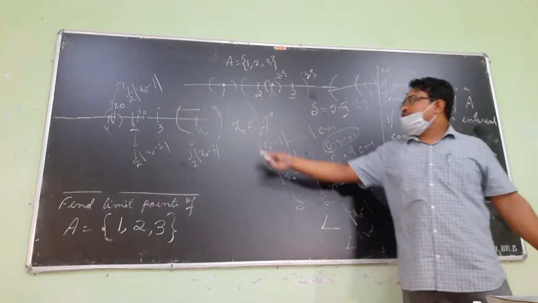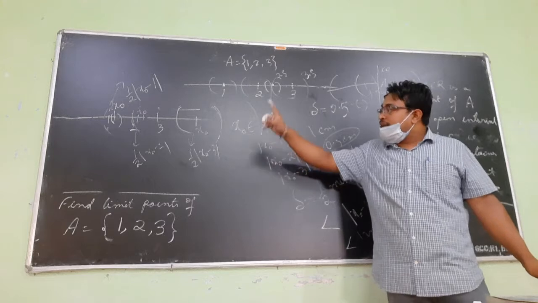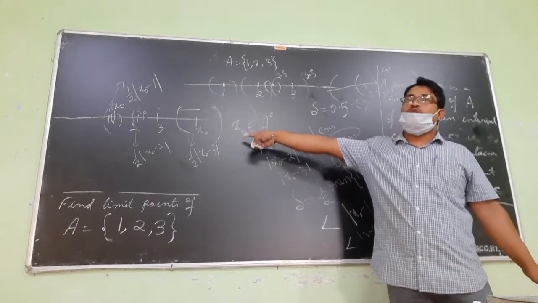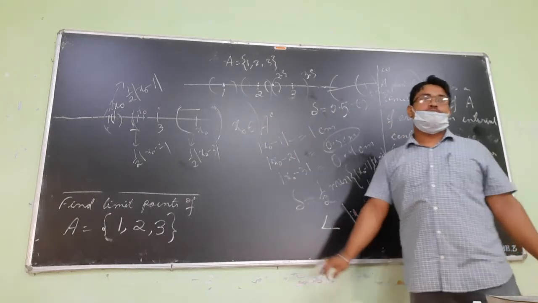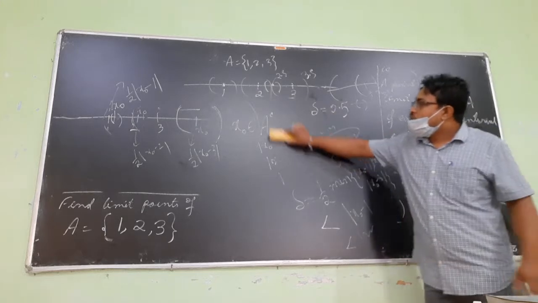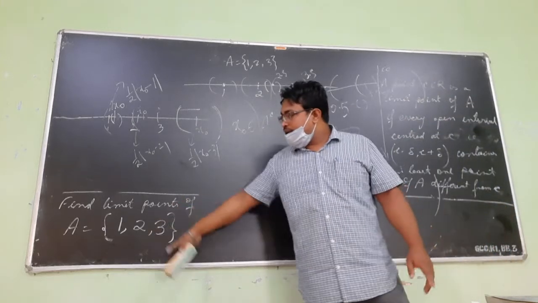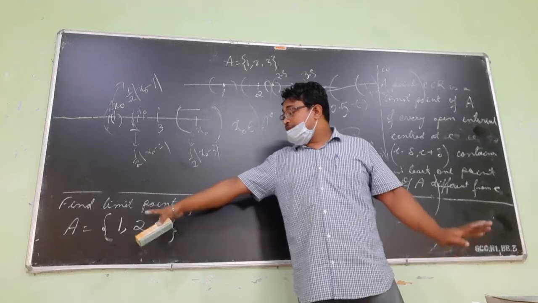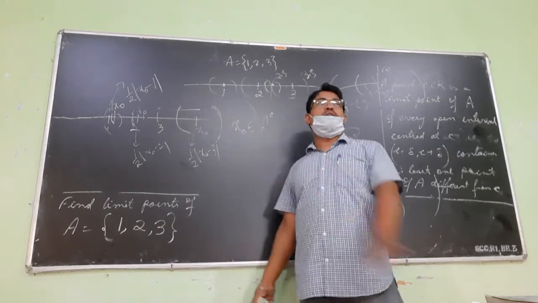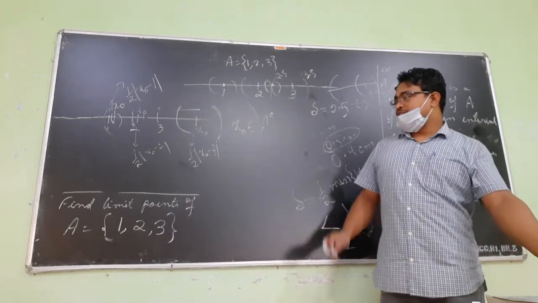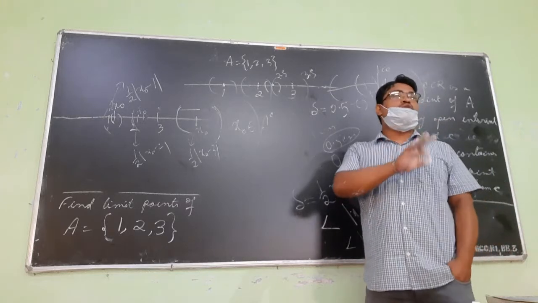So if it is not a limit point, there exists an open interval which does not contain any other point. This is the meaning. So this set has no limit points. In general, a finite set does not have any limit points.